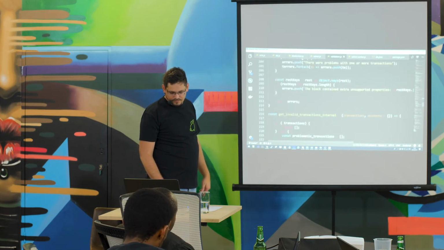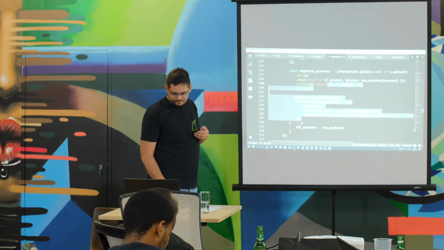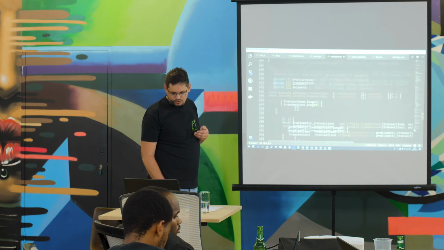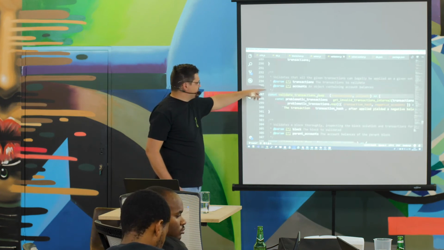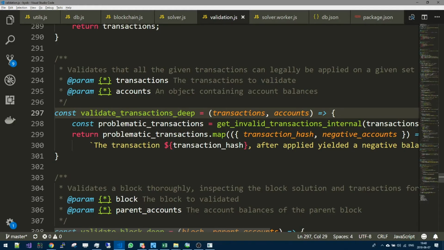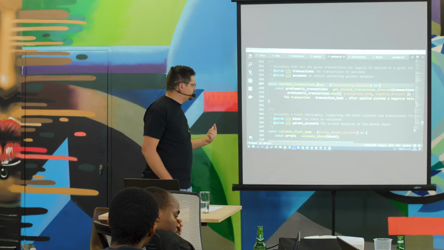We'll go down. I'm going to skip down a bit and come back up. Now I've got validate transactions deep and validate block deep. These are the more thorough validations that check if a list of transactions or a block is eligible for being included in the blockchain.